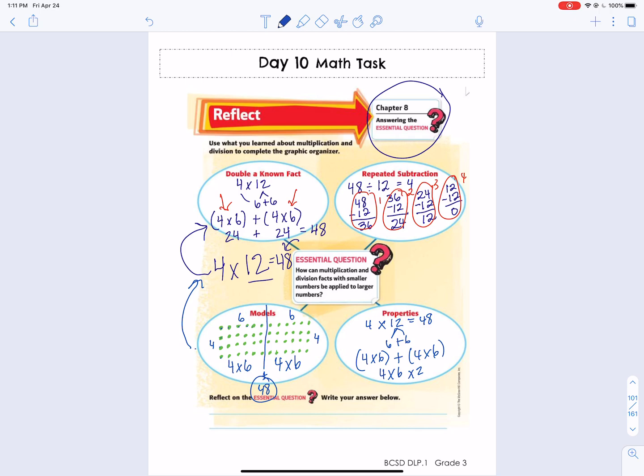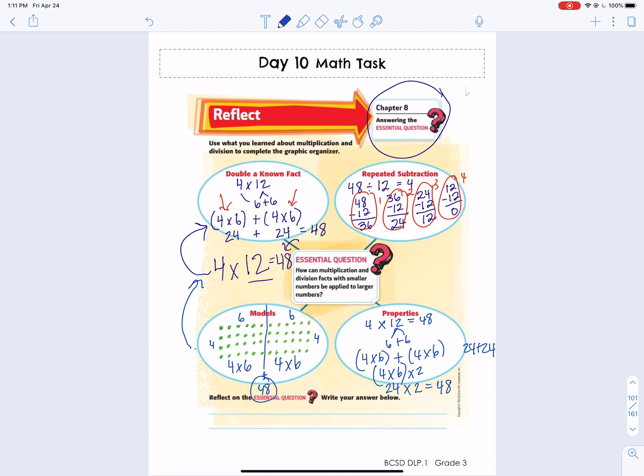Because doubling is the same as adding the same 2 numbers, okay? So I'm going to prove that right now. I'm going to do 4 times 6 first, and 4 times 6 I know is 24. And again, if I'm doing times 2, that's the same as doing 24 plus 24. Okay, so I know that equals 48.